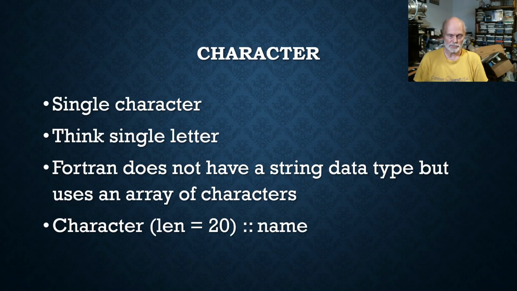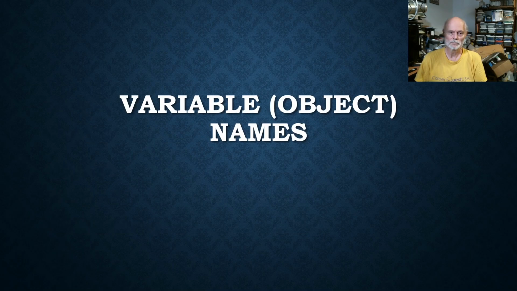Character variables are a single character, think of a letter, A, J. Fortran doesn't have a string data type, but we use an array of characters. So if I wanted to store a name, I can say character, and in parentheses, length equal 20, making it an array of 20 characters, and in this case called it name.